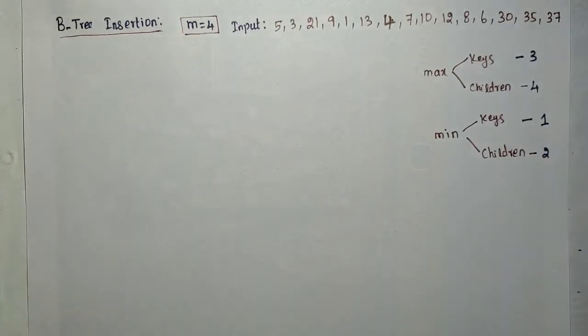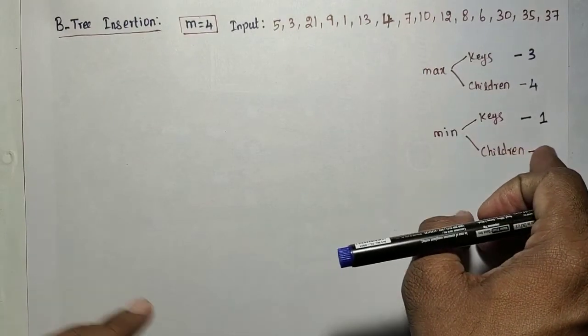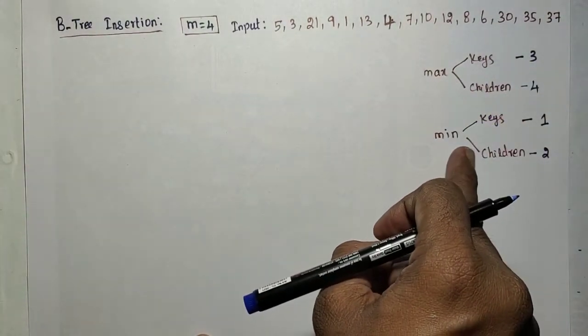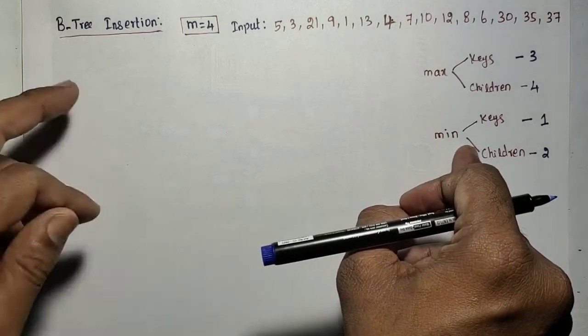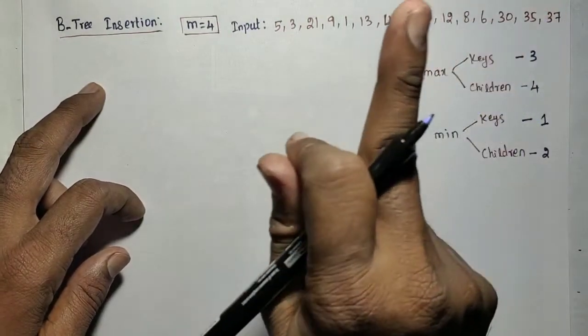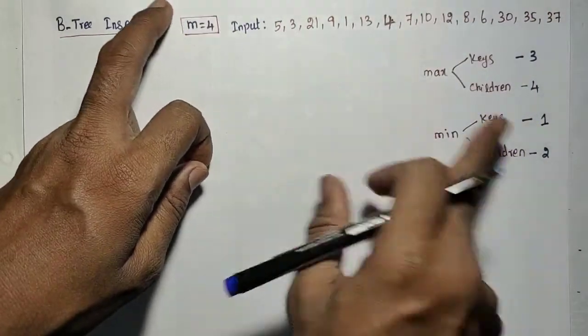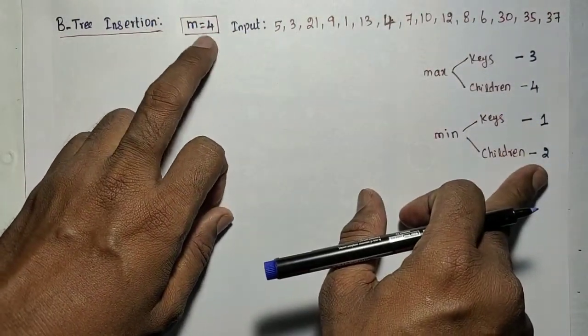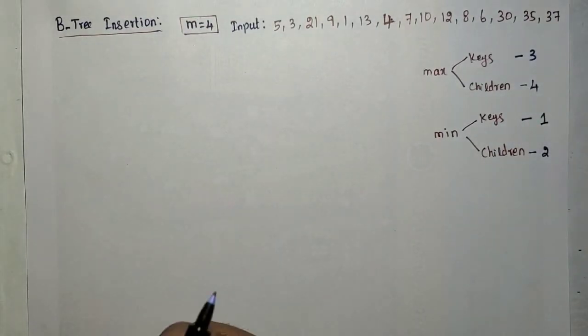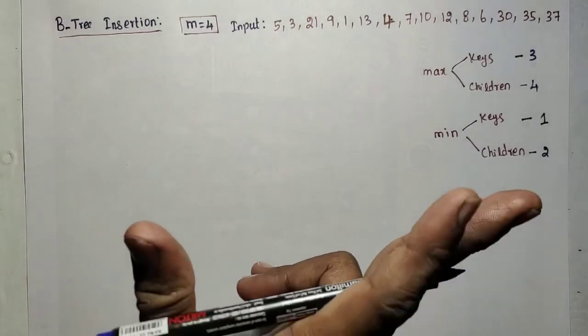So while inserting the elements, we should ensure that each node satisfies this condition. This is the case for internal nodes. In case of the root, it should have a minimum of one element, not depending on the m value: one key element and two children.